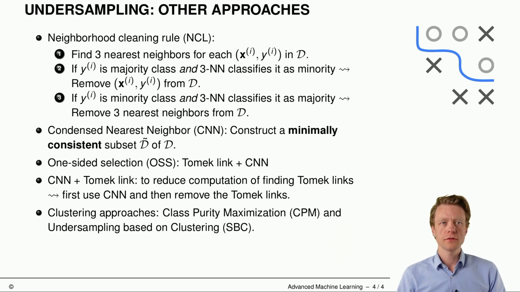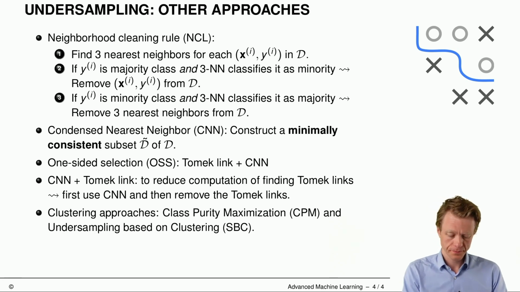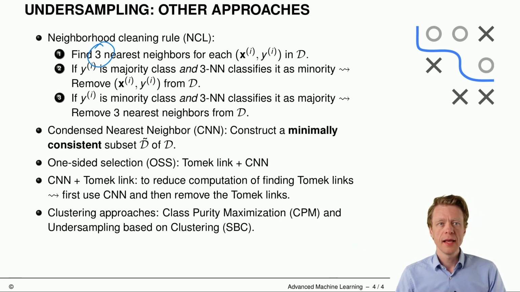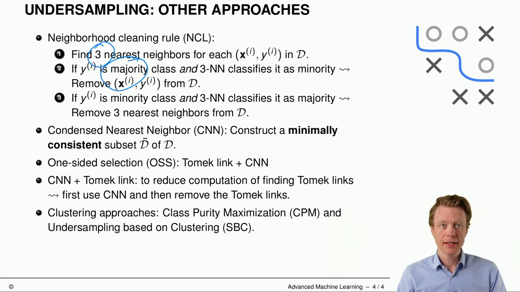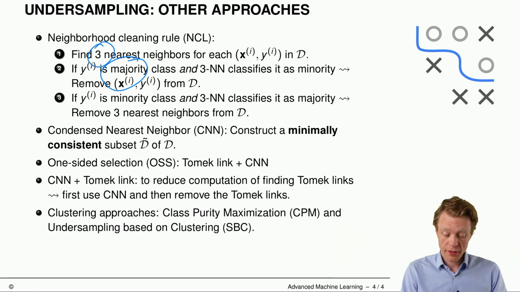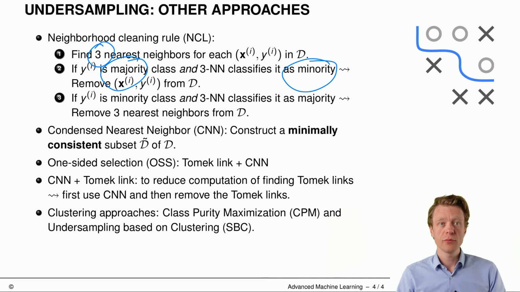It works as follows. First, for each observation, of course, you need a for loop here over the entire data set, you look for the 3 nearest neighbors of that observation. If the class of this observation is the majority class, and if the 3 nearest neighbor classifier classifies it as minority, then you remove exactly this data point from the data set.